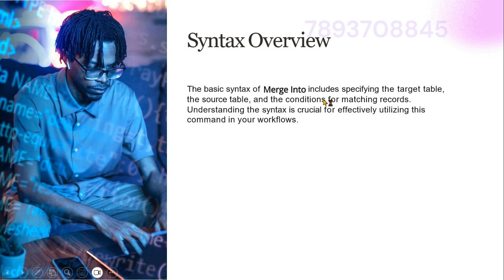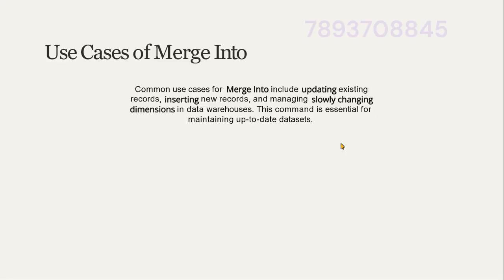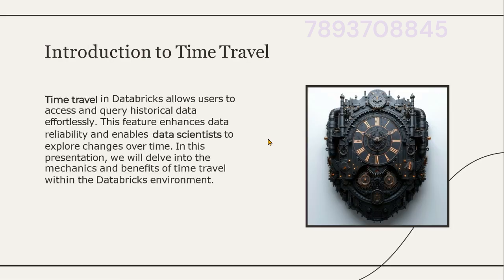Syntax: merge into, then we put the condition using on, then we use update and insert. Use cases are slowly changing dimensions to maintain the history, and upsert. For both we use merge into.